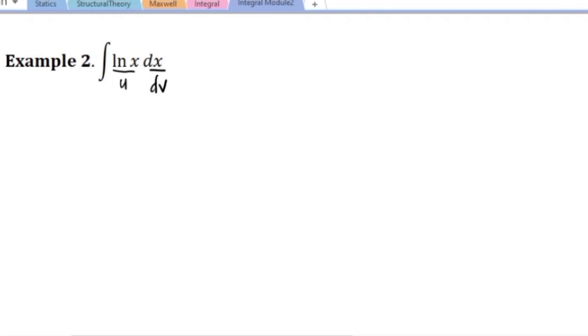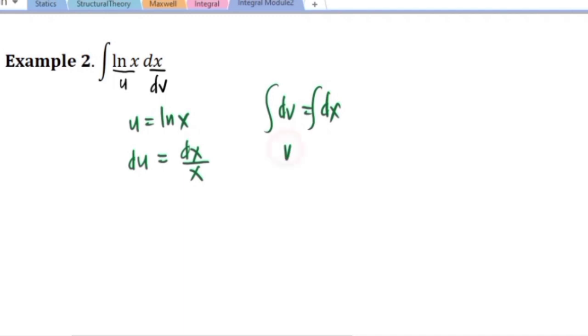So let u is equal to ln x, then the derivative of u is du, and the derivative of ln x is dx over x, and dv is equal to dx, so taking the integral, we have v is equal to x.